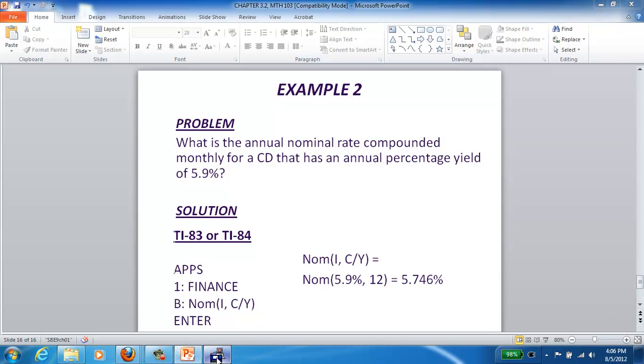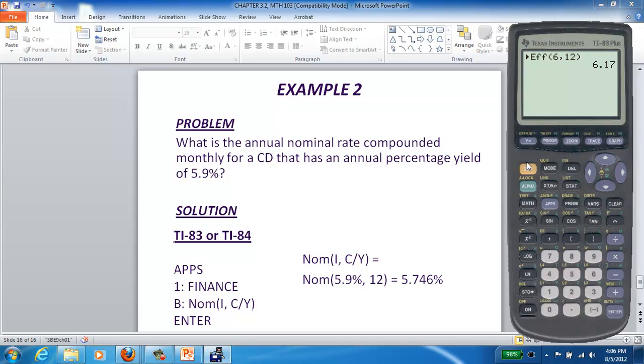So let's see the graphing calculator. Again, second mode to quit and clear everything. Then we go to applications, we go to finance, and now we go to letter B, nominal rate. Click enter.